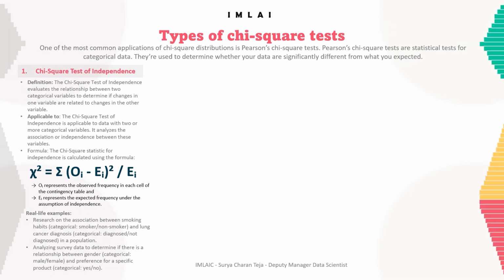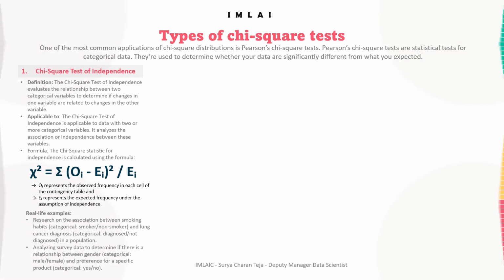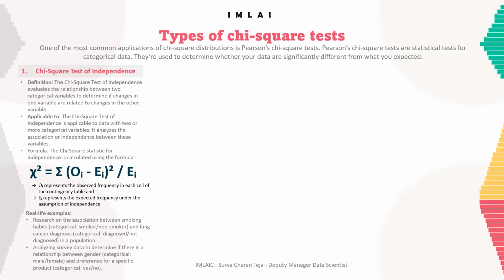So in these examples, the chi-square test of independence would help determine if there is evidence of an association or independence between variables of interest, providing insights into potential relationships and dependencies in the data.